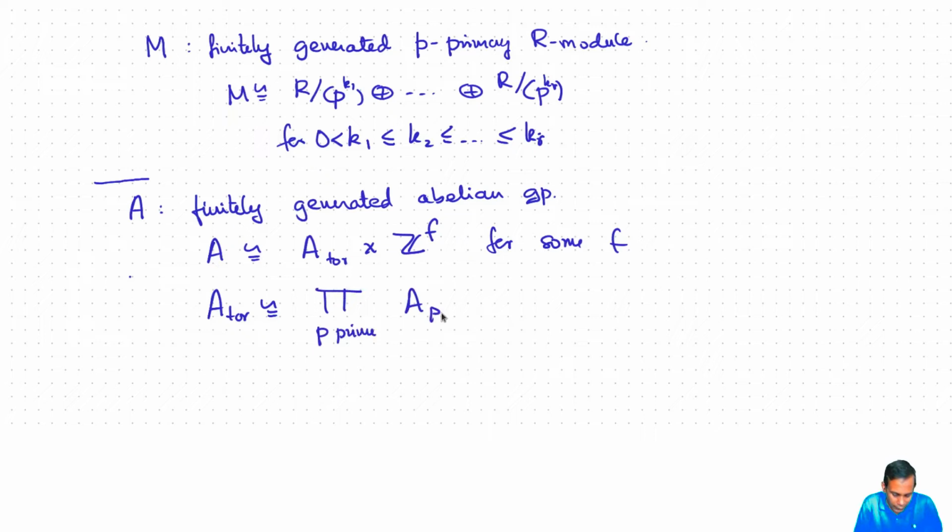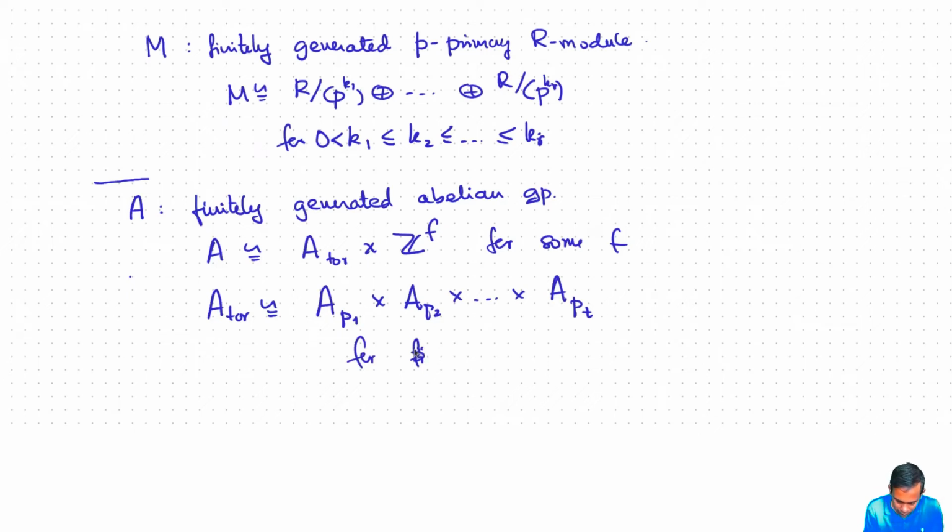But since it's finitely generated, there will only be finitely many primes in this, so maybe I'll write it as A_P1 cross A_P2 cross through A_PT, for finitely many prime numbers P1, P2, through PT.